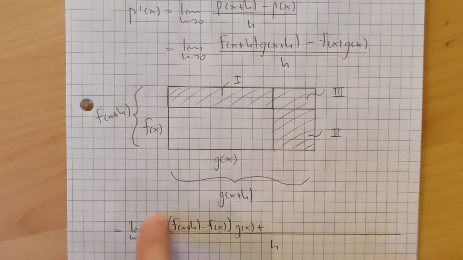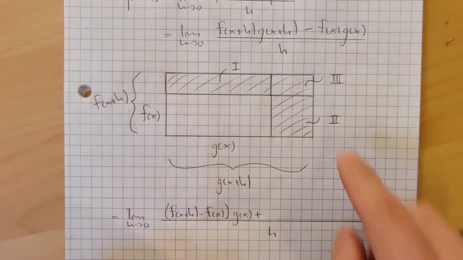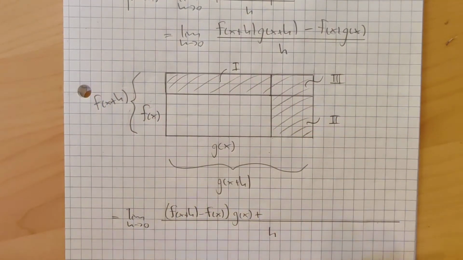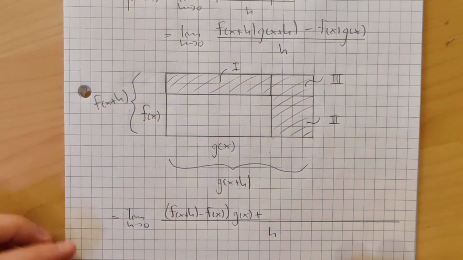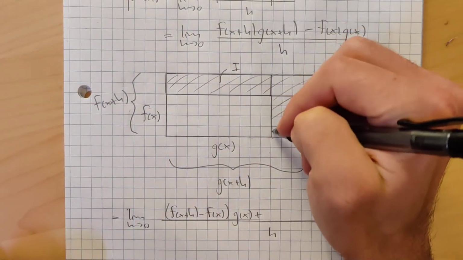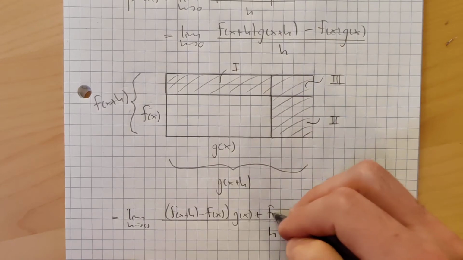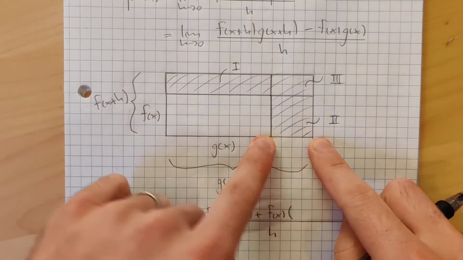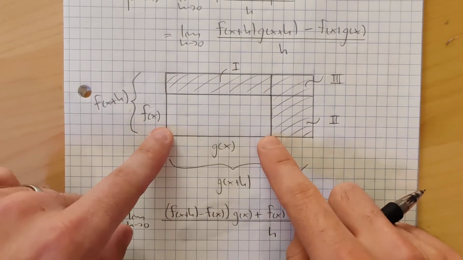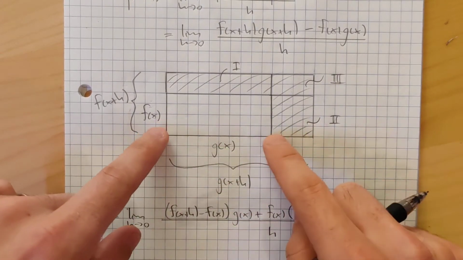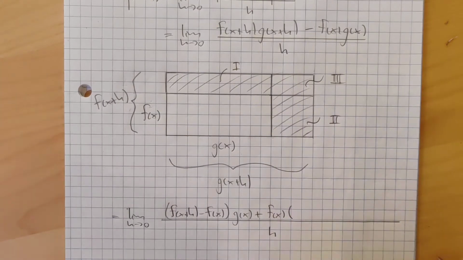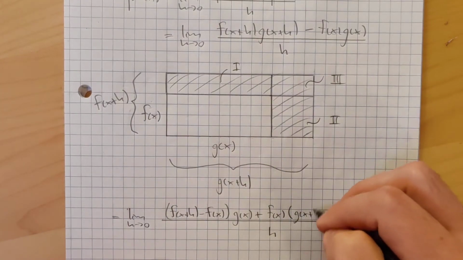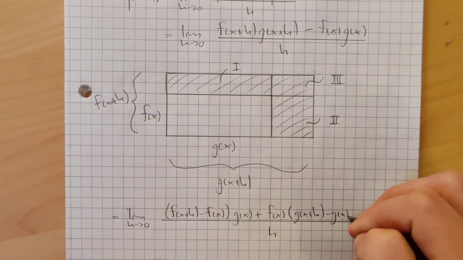So that is the area of region number 1. And similarly for region number 2, we're going to get this height right here, this time is f of x. And the width right here is g of x plus h minus g of x. That's the difference between this and this. There's exactly this distance right here. So g of x plus h minus g of x.